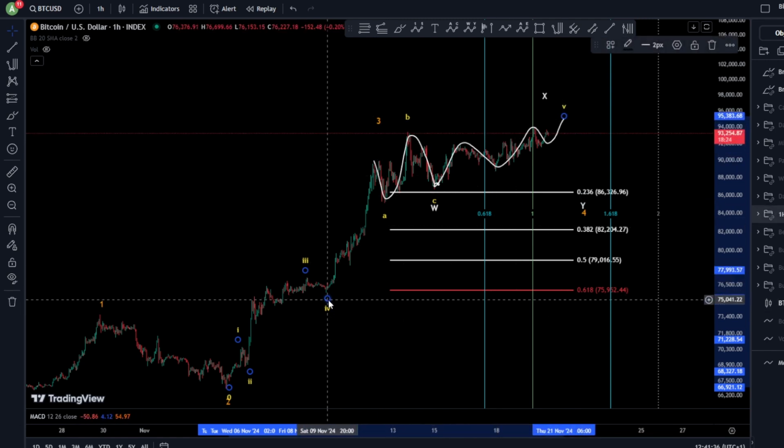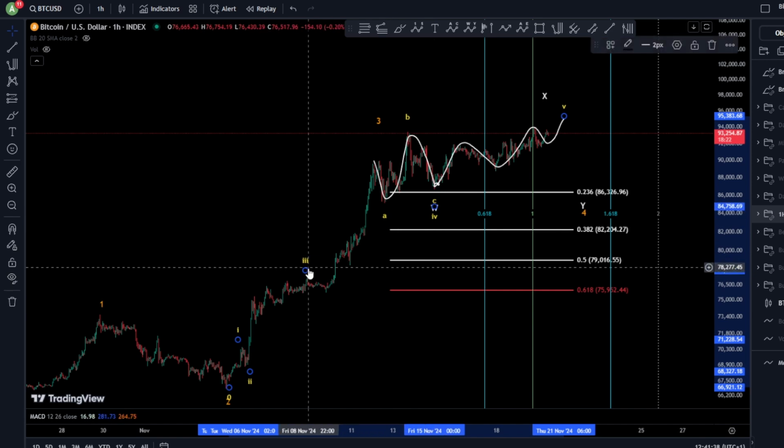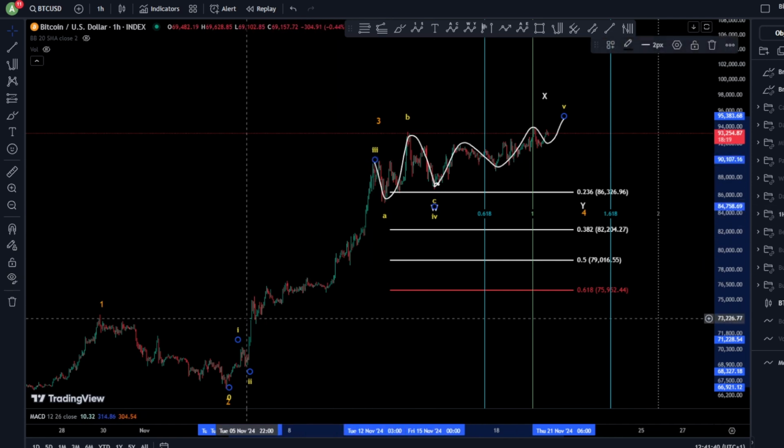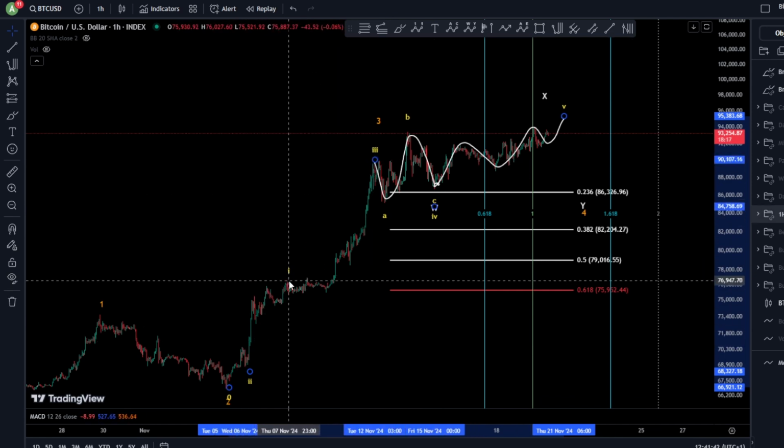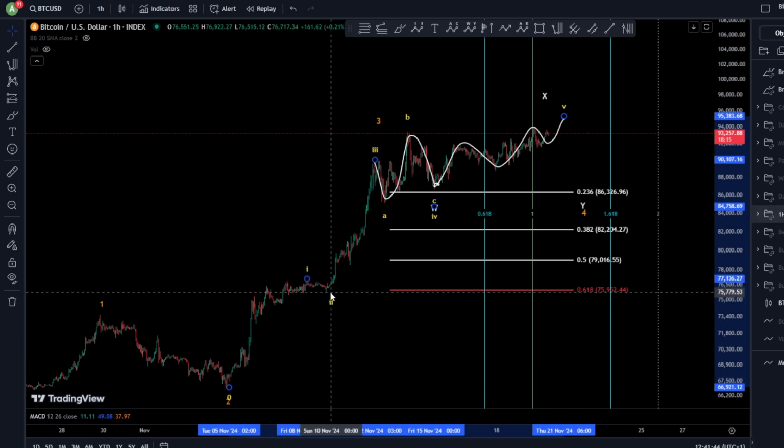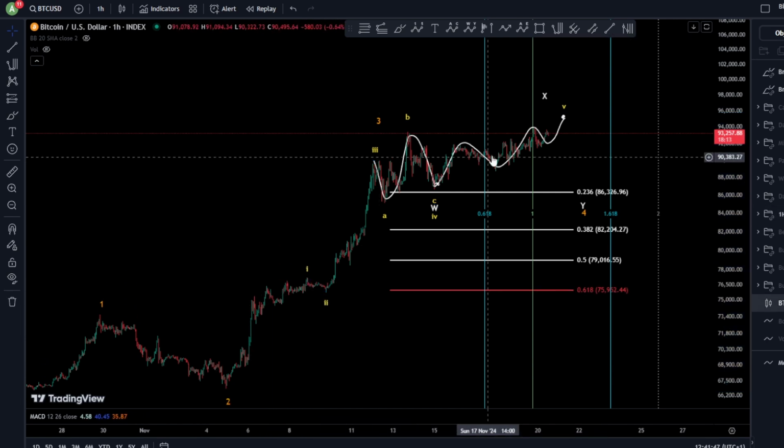And that means your wave 4 has been extended to here, and your wave 3 has been expanded to there, and also you have finished your wave 1 over there and your wave 2 here.